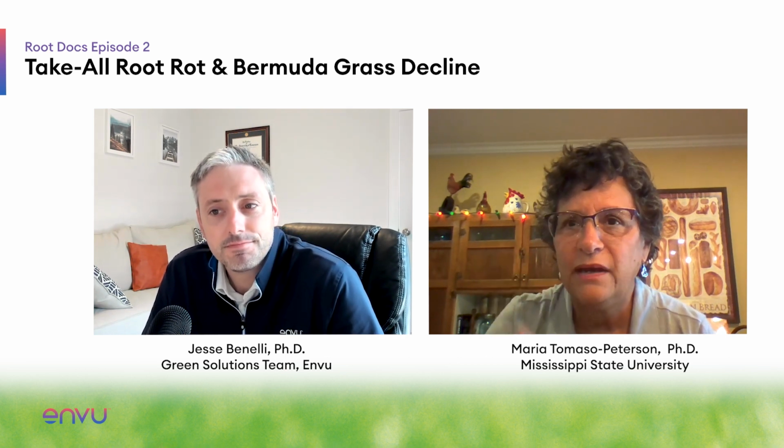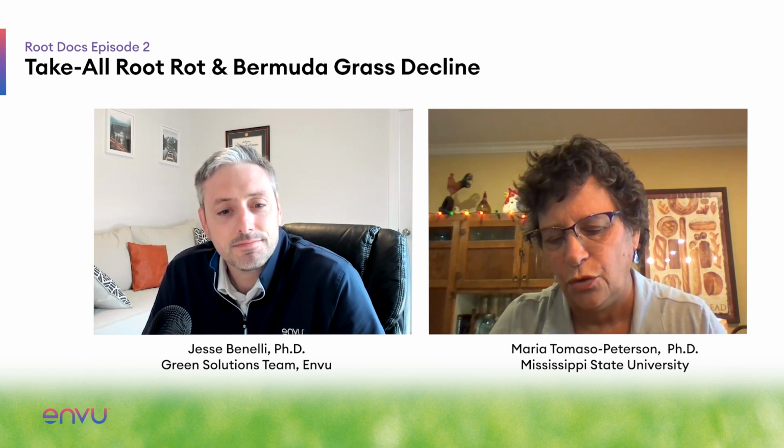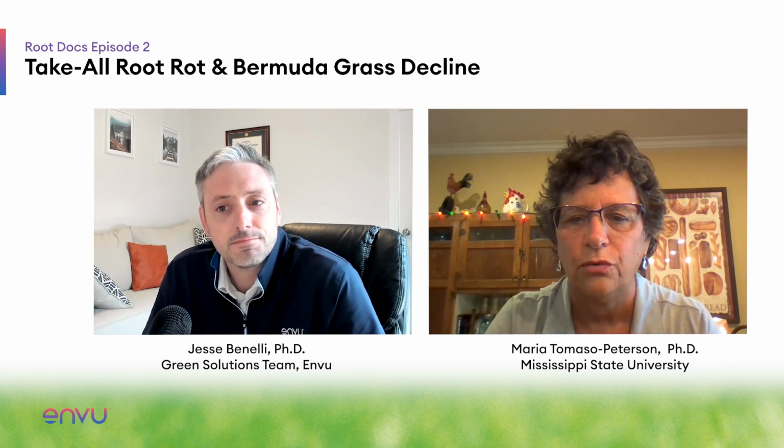And in the compendium, it's referred to as Bermudagrass decline, but it also says this disease can also be known as take-all root rot.